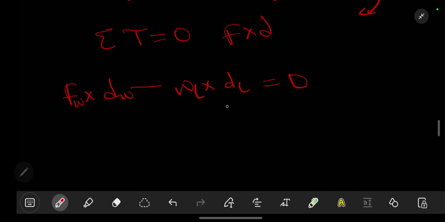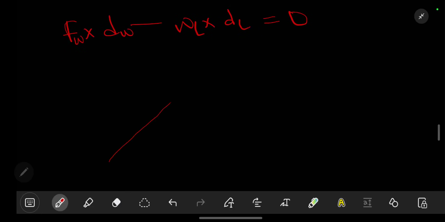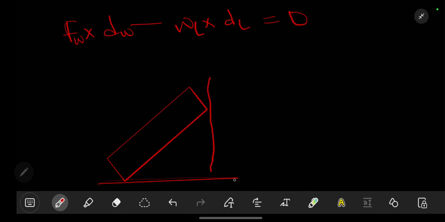Now this is where many get confused. Which distance are you going to use? Let's look at the wall like that. The wall is producing the force there, and the pivot point is here.